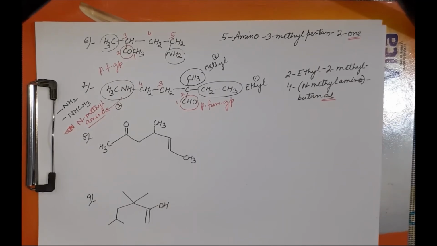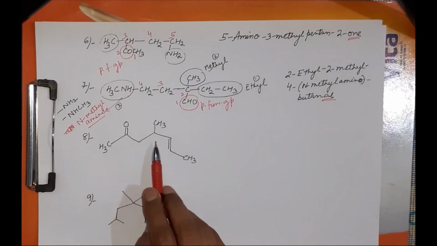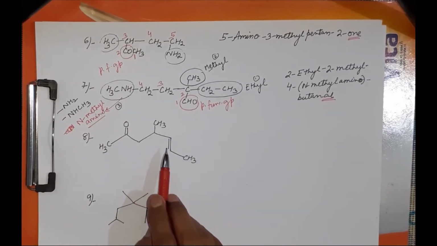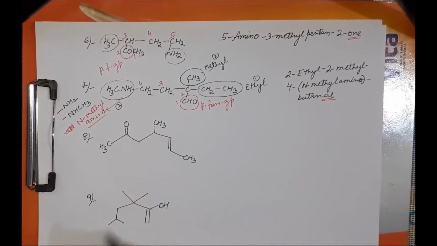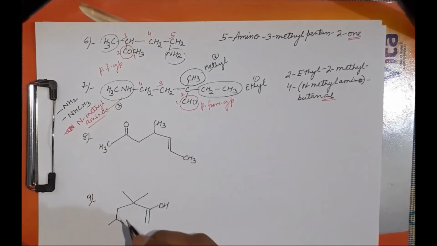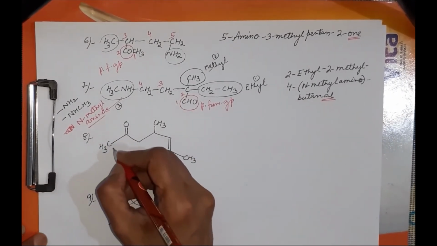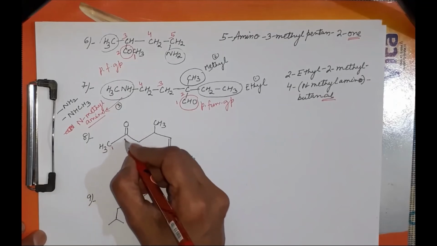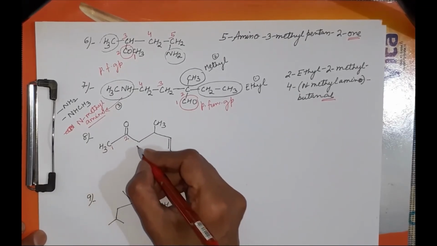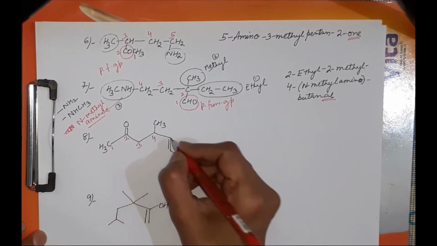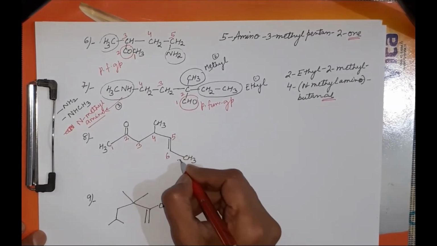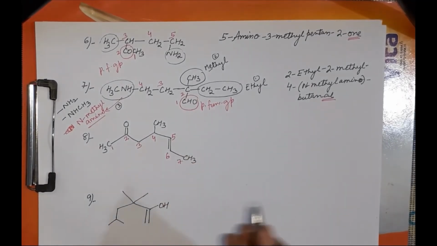So next example we can see here. This is written in the bond line form, so there is nothing to worry. We can first do the numbering. From where will we start the numbering? From left to right, because this functional group will get the lower numbering. In this way we will do the numbering. 7 carbon atom chain is there.